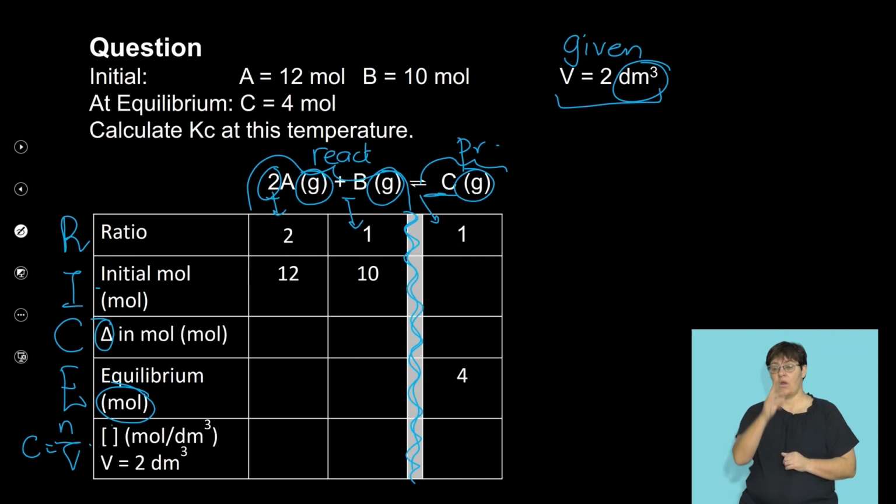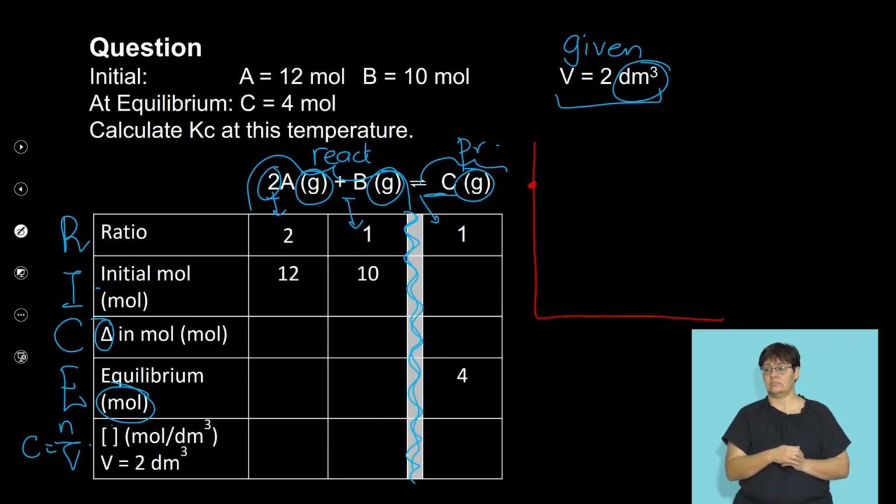So what we should remember now is initially we had 12 moles of A, 10 moles of B, and we have no moles for C. So if I started off with 0 and I now have 4, it actually means I must have added 4 when I did the change.